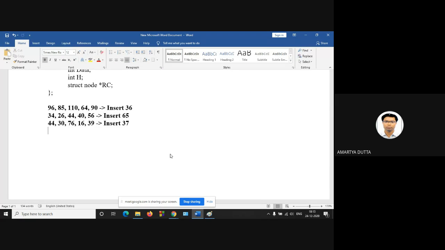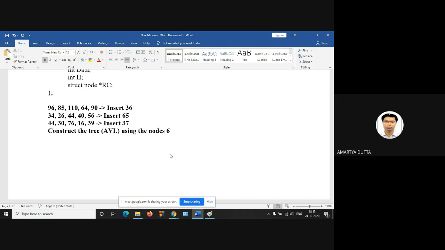Let us construct the AVL tree using the nodes.